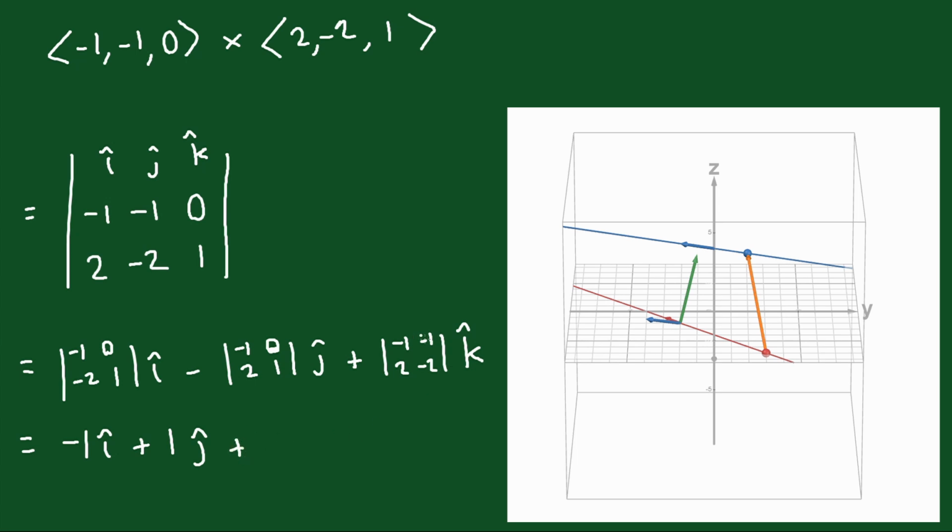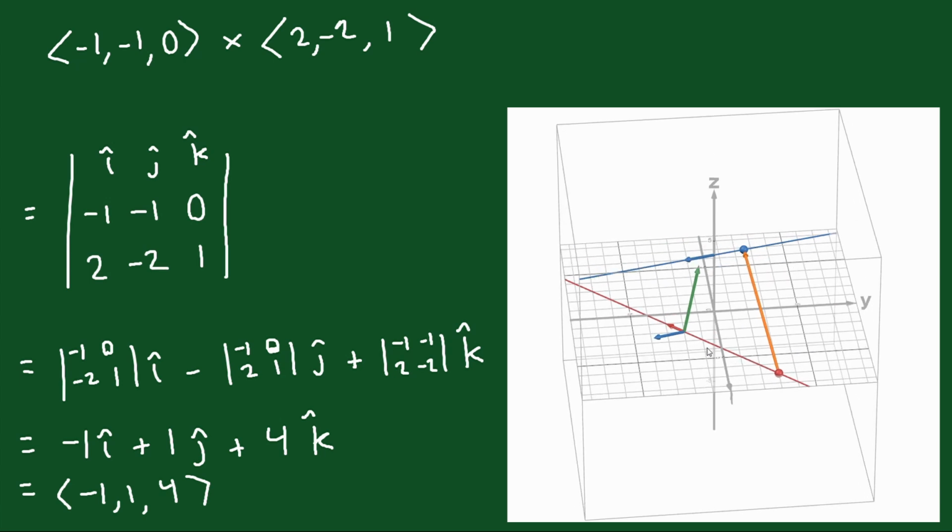And then over here, you're going to have -1 times -2, which is 2, minus -1 times 2, which is -2. So what's 2 minus -2? Well, that's going to give you 4k. And that means that we have the vector -1, 1, 4. And -1, 1, 4 is in fact the vector here that you see in my diagram, this green vector here.